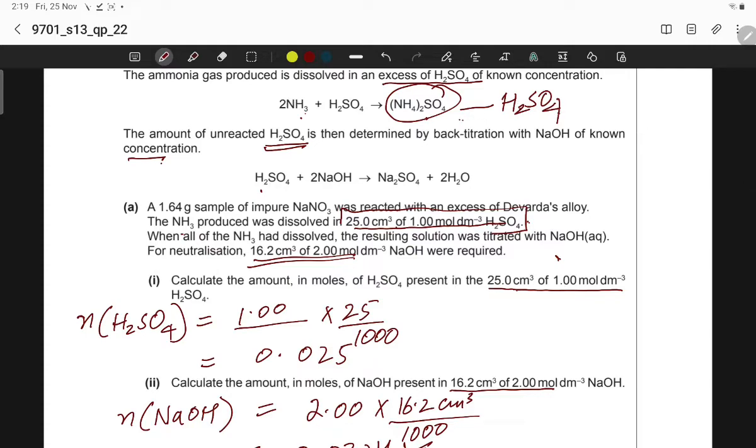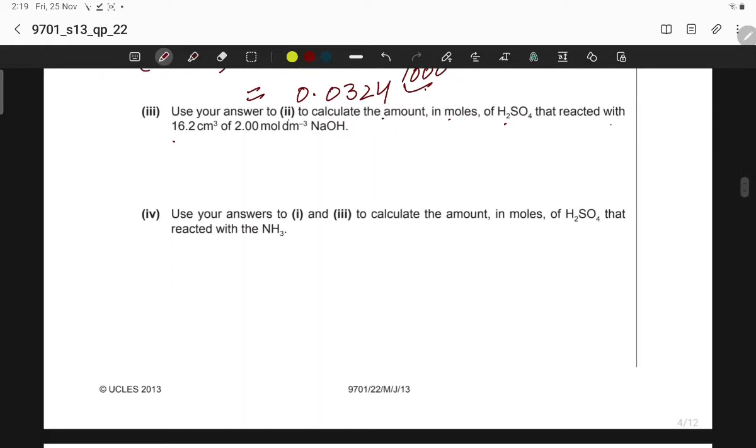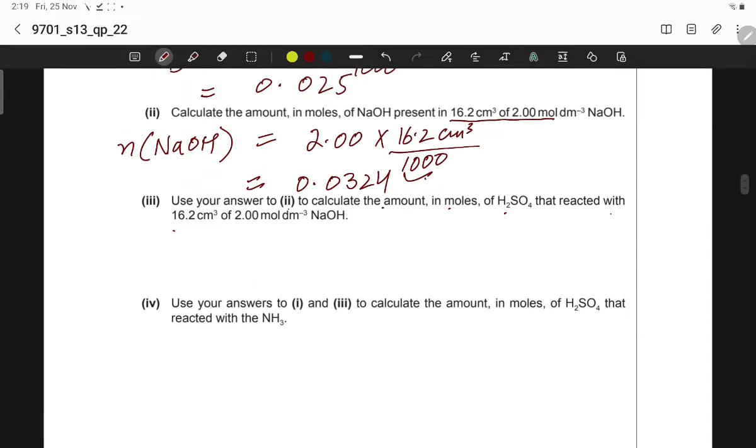Now this excess reacts with sodium hydroxide. We have calculated the mole of sodium hydroxide, which reacts with sulfuric acid to form salt and water. Now we have to calculate sulfuric acid mole from this molar quantity by using mole ratio.